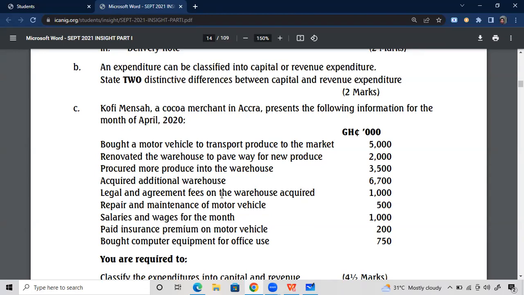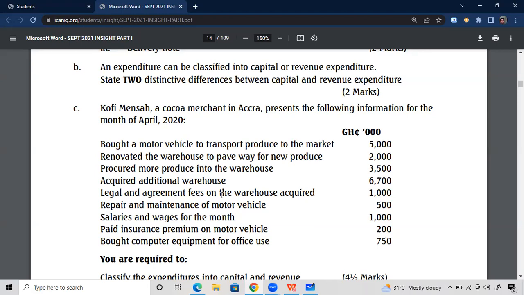But in practice, what we usually use is the amount, that is the materiality. Let's say, for example, you have a car and you change the battery. You buy a new battery.